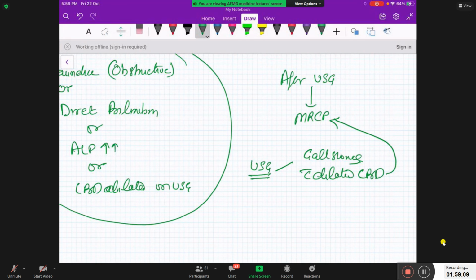As a rule. Now, if you look at your notes, in theoretical discussion, you will find the investigation of choice for CBD stones is MRCP. Right? So, when to do it? Now you know.